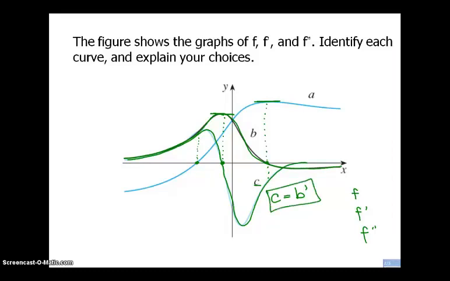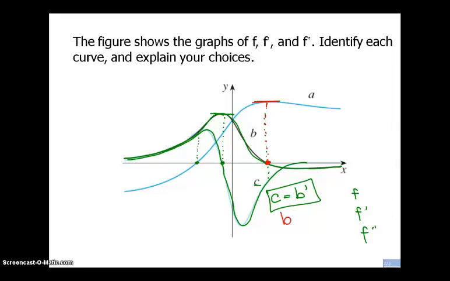Now, I don't know if C is f prime or f double prime, and I don't know that B is f yet. I need to do some more investigation. So let's pick up another color and go to this 0, because as we go up, A has a horizontal tangent line and B has a 0. Hopefully you can see it with all the drawing that I've done.